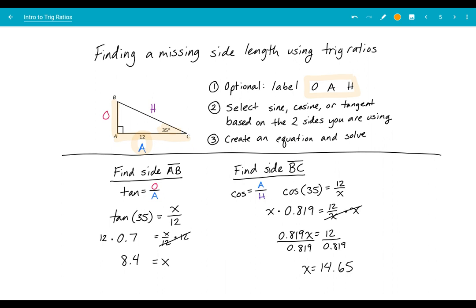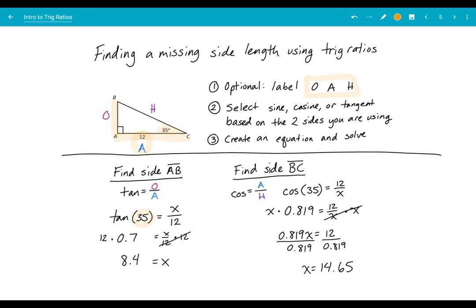TOA uses O and A. So I create an equation. Tangent of that number of degrees, so I plug the degrees in there, is equal to, in this case, the opposite side was the unknown, and then 12 was the adjacent side that we did know.